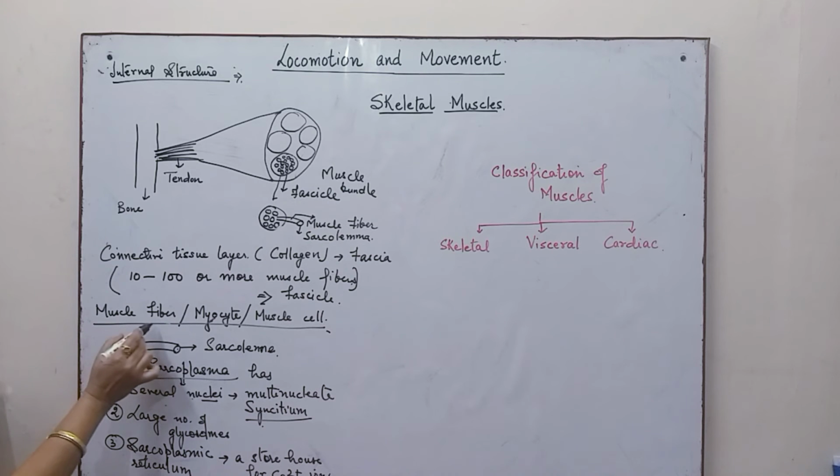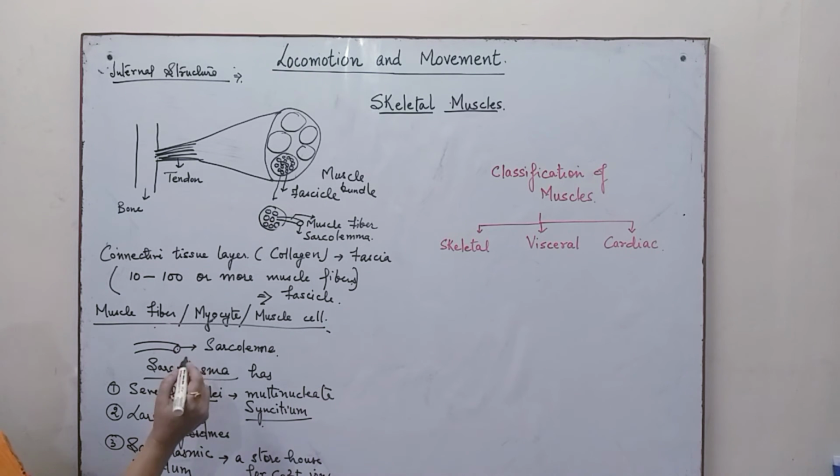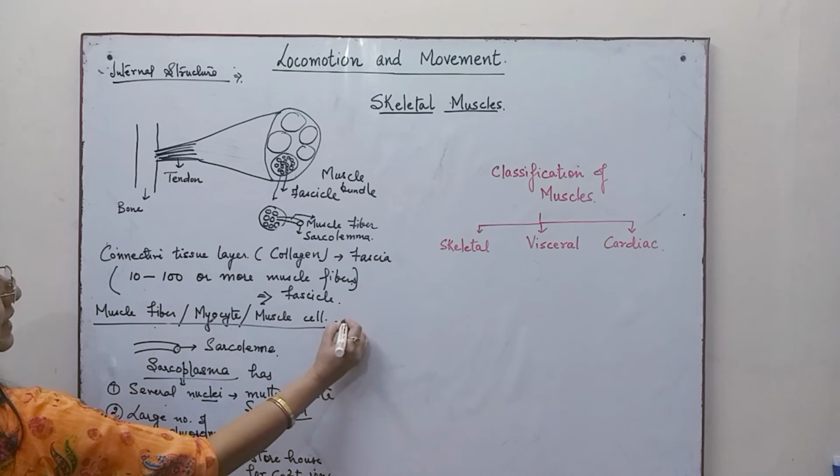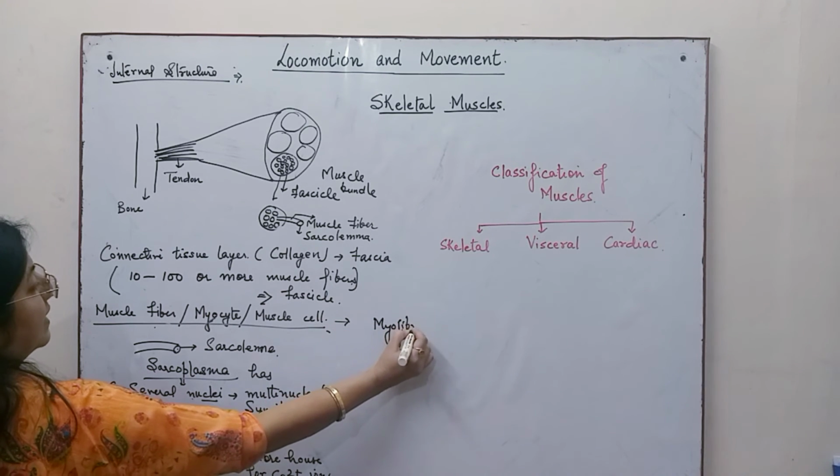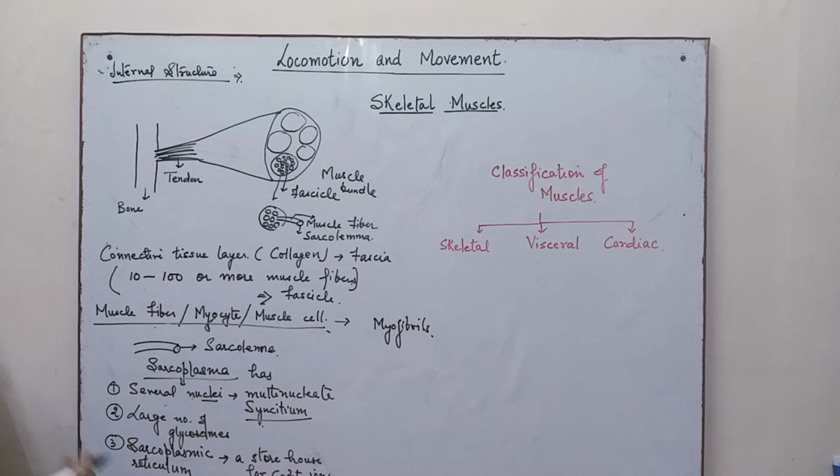So the muscle fibers have several myofibrils. They contain myofibrils, and these myofibrils are made up of different kinds of proteins. That means two types of proteins which are arranged parallel to each other and also to the longitudinal axis of the muscle fibers.